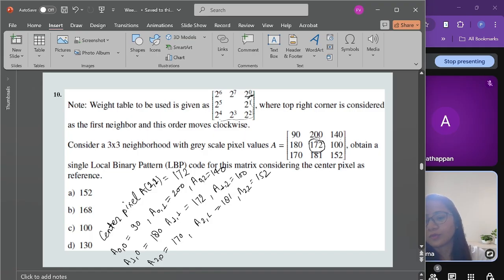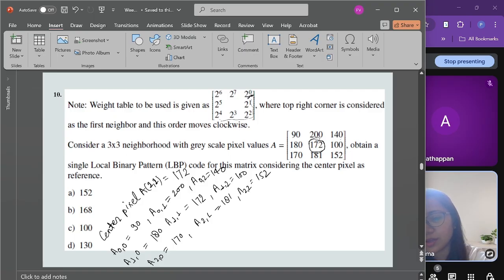Now what we need to do is compare each neighbor with the center pixel. We assign 1 if the neighbor value is greater than or equal to the center pixel, and 0 otherwise.